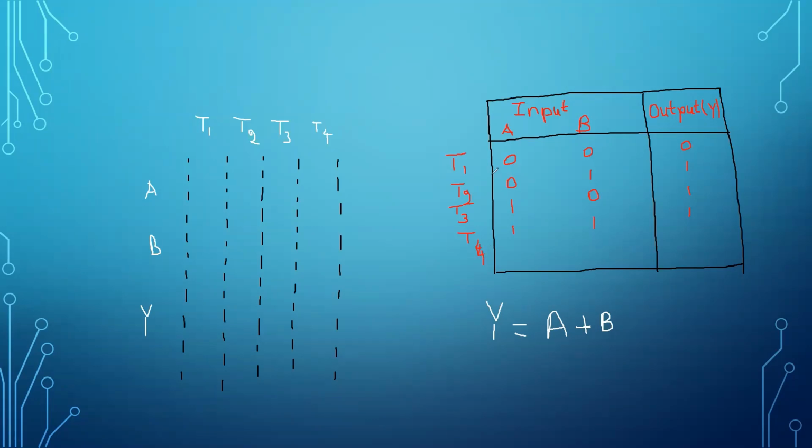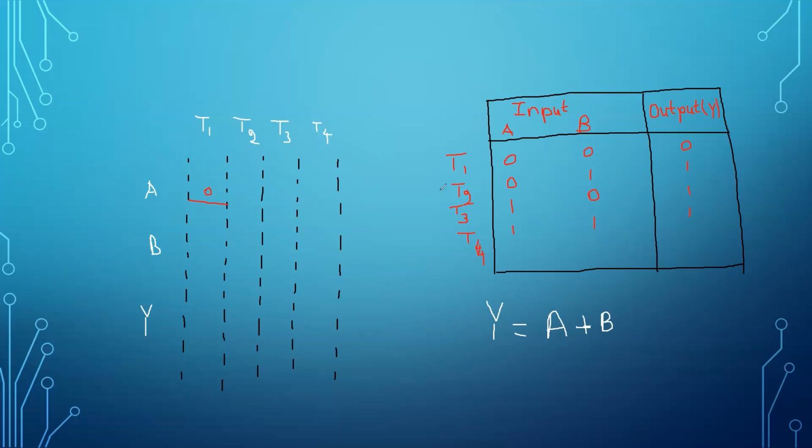So we will check the first phase for A. For A, in T1, A has 0 value, so we will draw 0 here and mark it as 0.